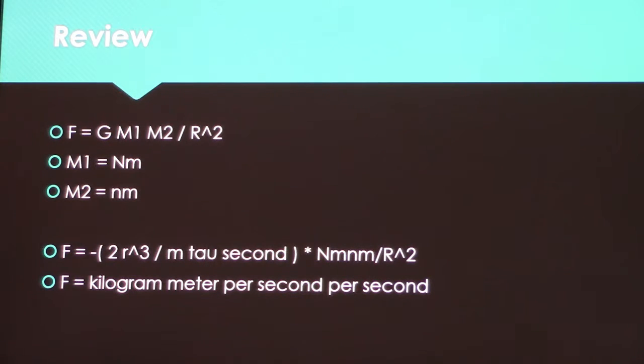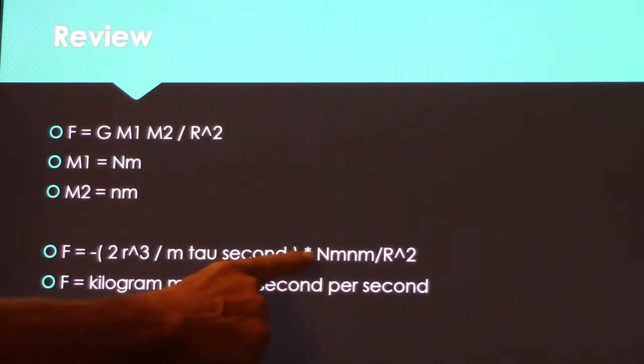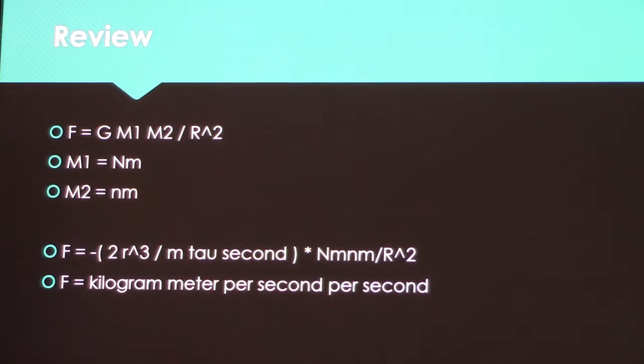So n is the number of protons and neutrons in a planet, and m2 is small n times the mass of the proton, so that we can then convert between Newton's formula and the new modern formula. And that's shown here, how the NM at the end is converting everything. And it all works out so that the force is in kilogram meters per second per second.